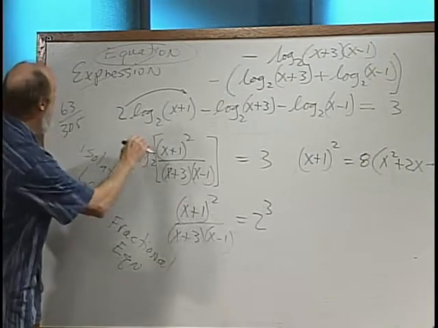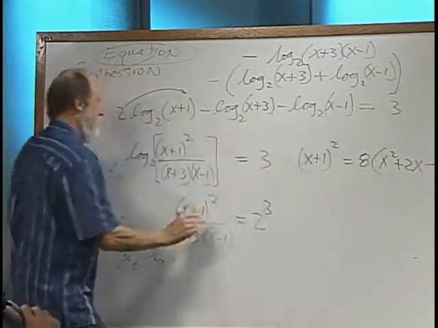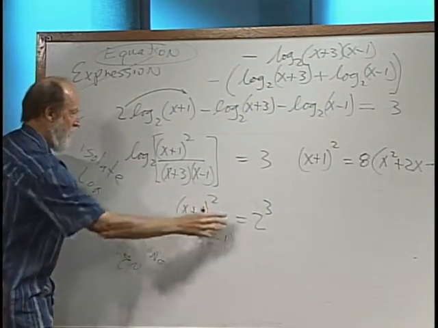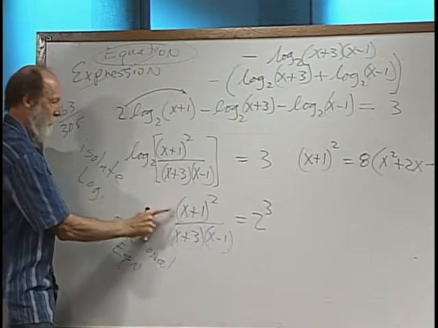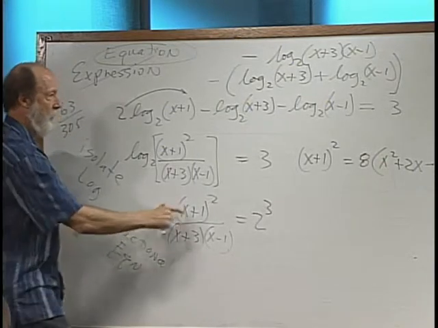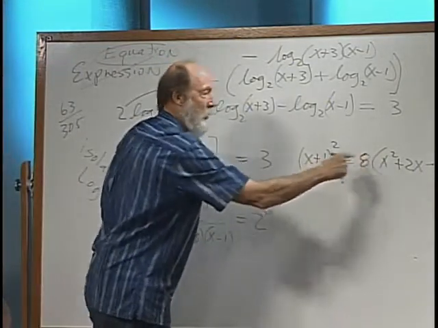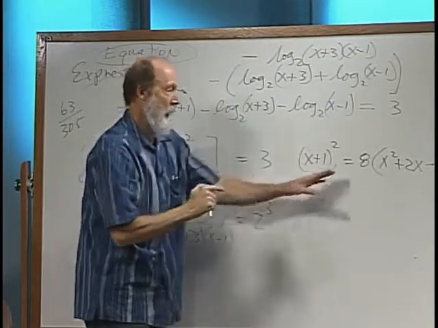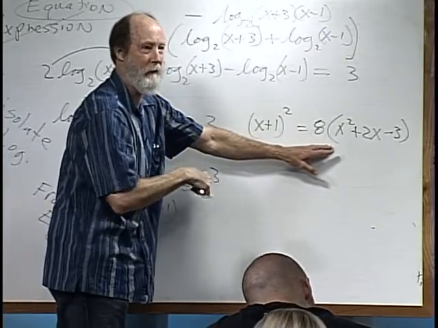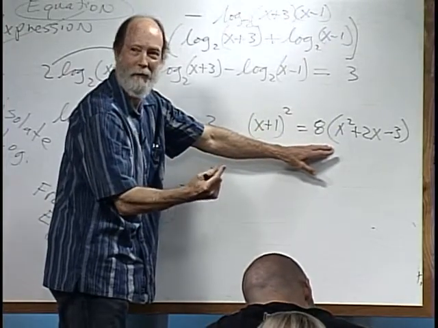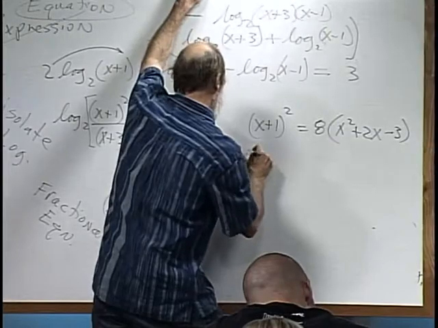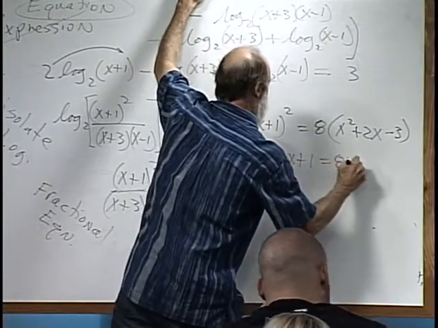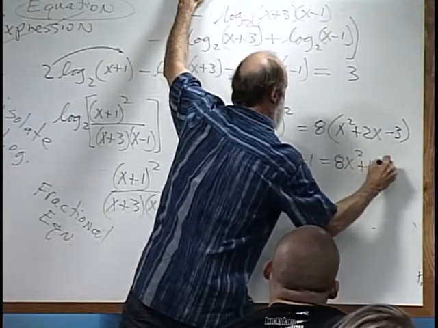The problem started out as a logarithmic equation. We transformed it into an exponent or a fractional equation by writing this equation, and then we cleared the fractions. We now have a quadratic equation, which is a good review because quadratics never disappear as long as you're taking math courses or science courses. So what we get is x squared plus 2x plus 1 equals 8x squared plus 16x minus 24.